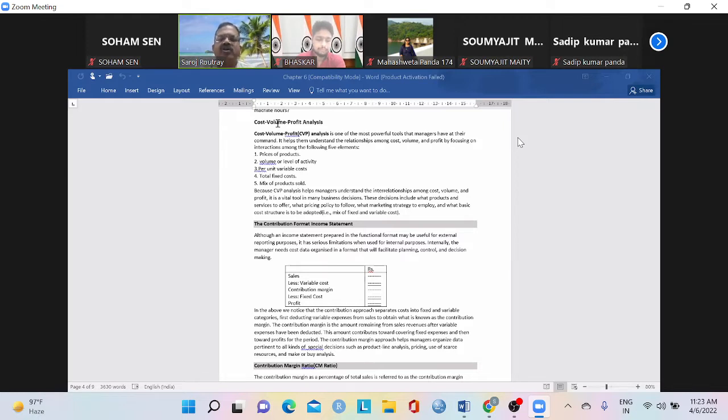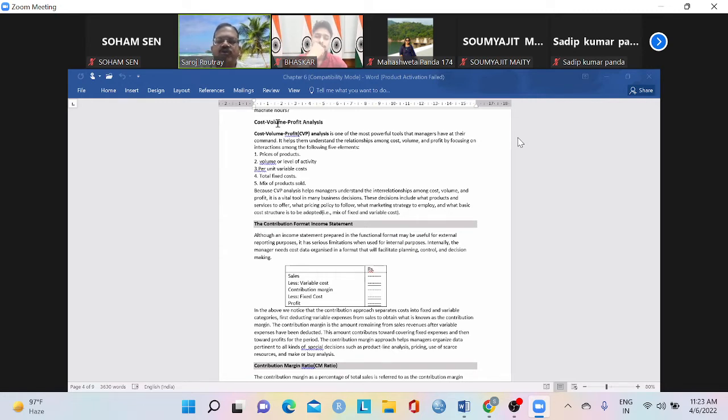That format is called the contribution format income statement. This is a very important format used as a tool for decision making. Various kinds of decisions you can take. So decisions like break-even sales. What is the break-even sales?